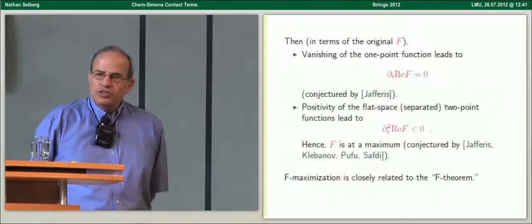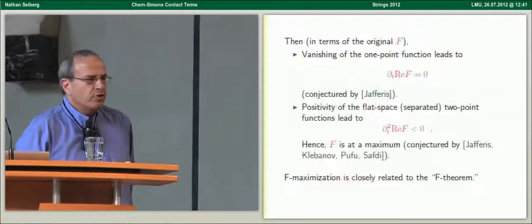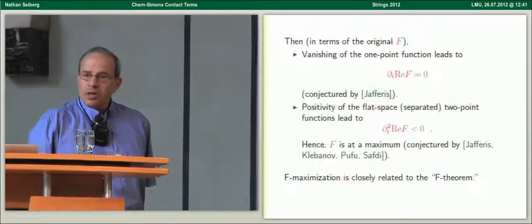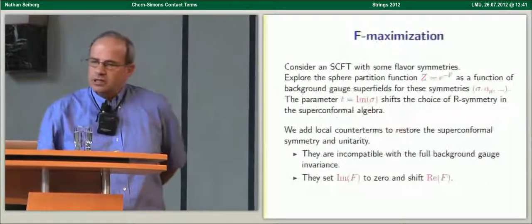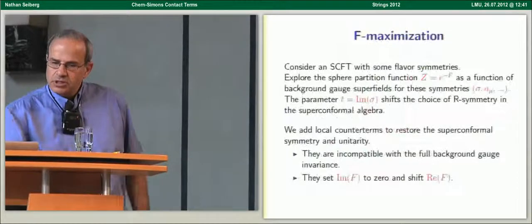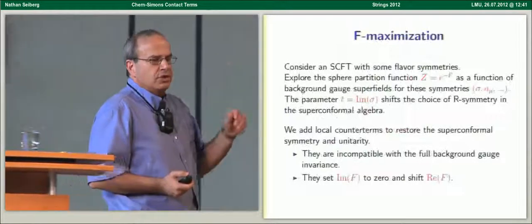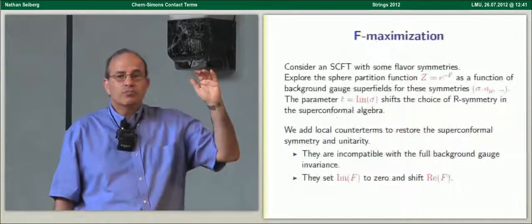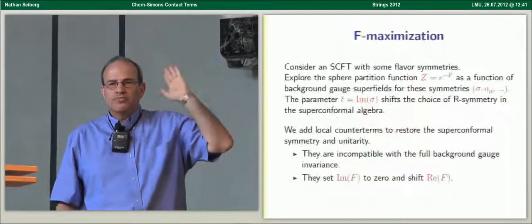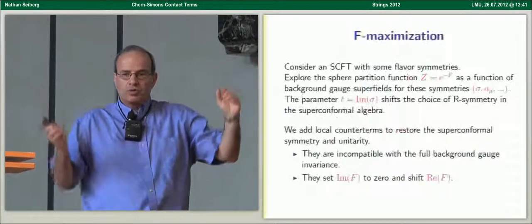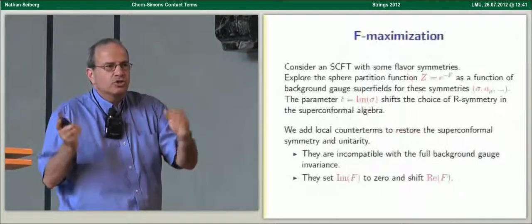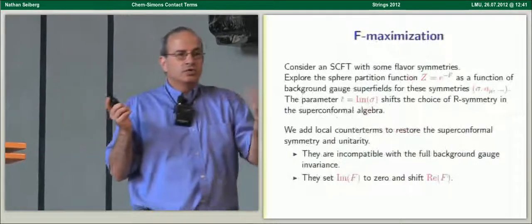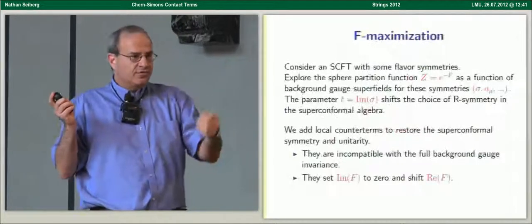And the first thing we use is the fact that in a conformal field theory, the one-point function must vanish. I should emphasize again, I forgot to say that this parameter t appears as the imaginary part of a background field associated with the U(1) symmetry, and it represents the mixture between various flavor symmetries and the R symmetry, and by this mixture determines the R symmetry in the superconformal multiplet in the infrared.